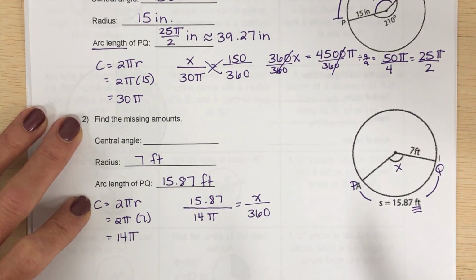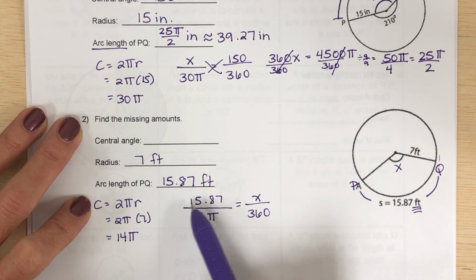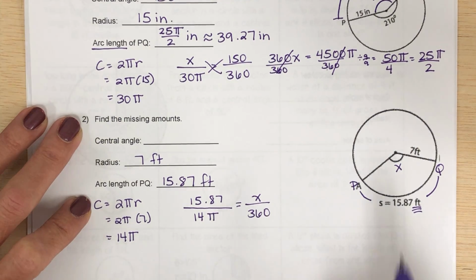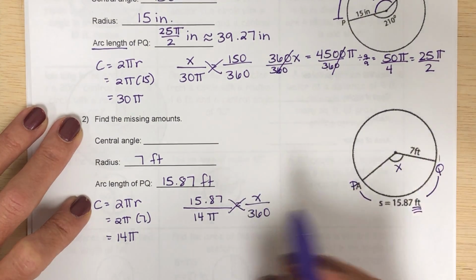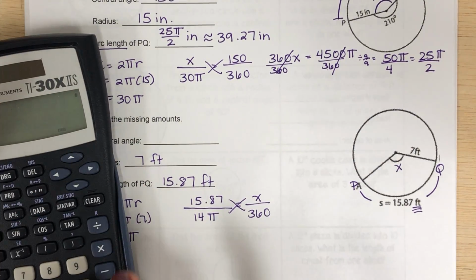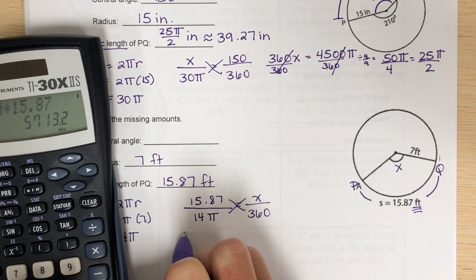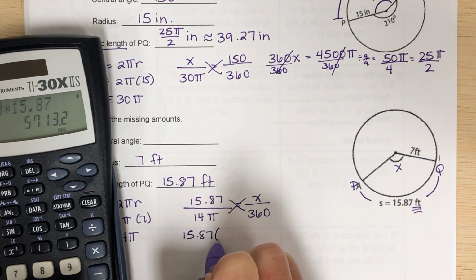Now you'll notice something here. 15.87 is obviously an approximated answer. So I have an approximated answer and I have an exact answer. That's okay. I'm going to cross multiply. I'm going to get 360 times 15.87. I'll go ahead and write this out just so that you can see it.